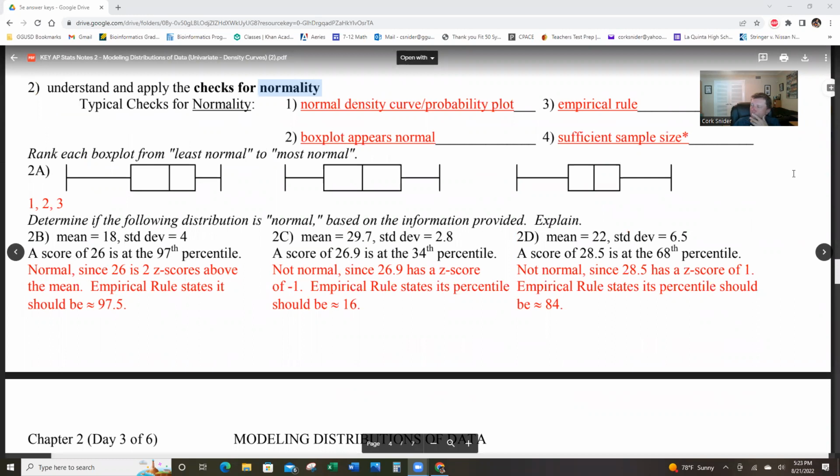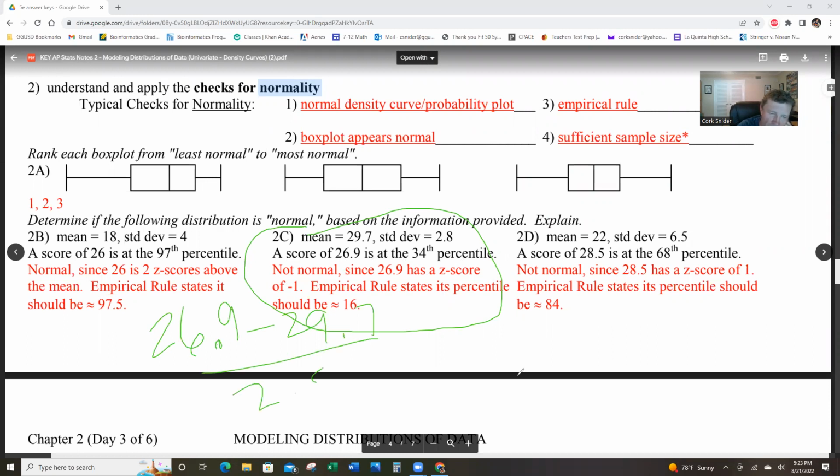2C. So here is 2C. If the mean is 29.7 and the standard deviation is 2.8 and a score of 26.9 is at the 34th percentile, could that be normal? All right, let's check it out. So if you do the math, 26.9 minus 29.7, I'm doing a z-score, divided by 2.8, okay?